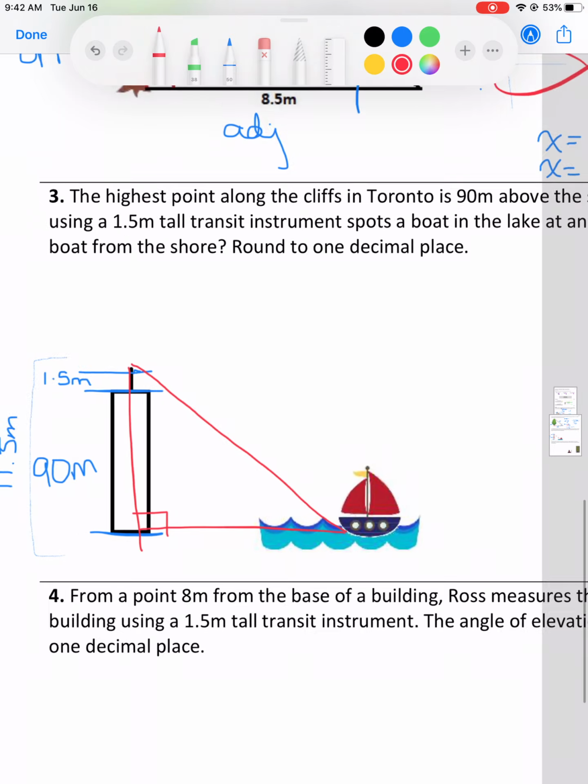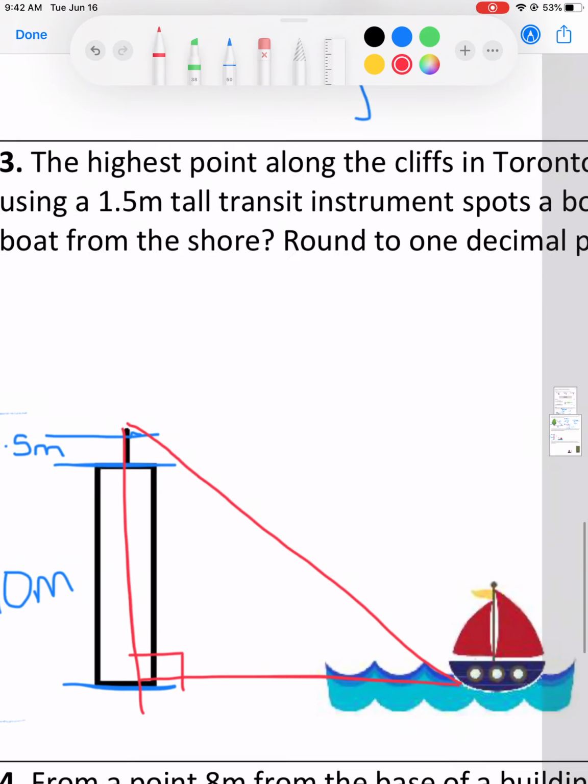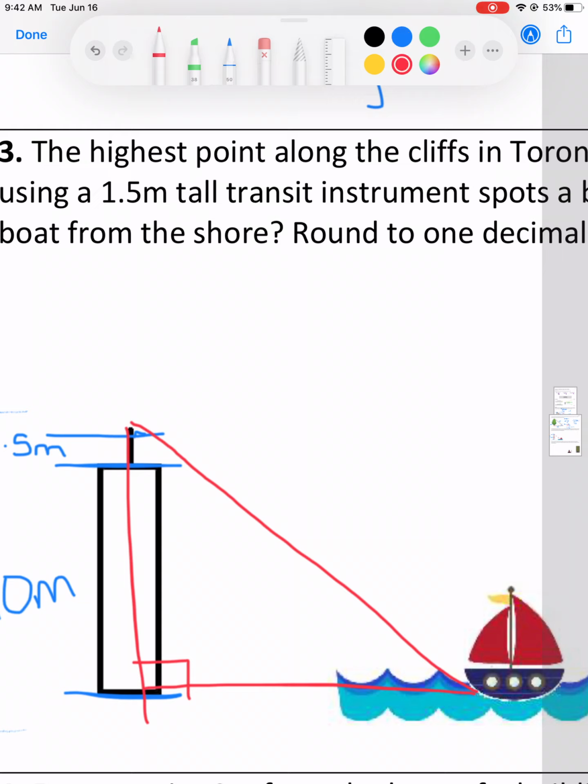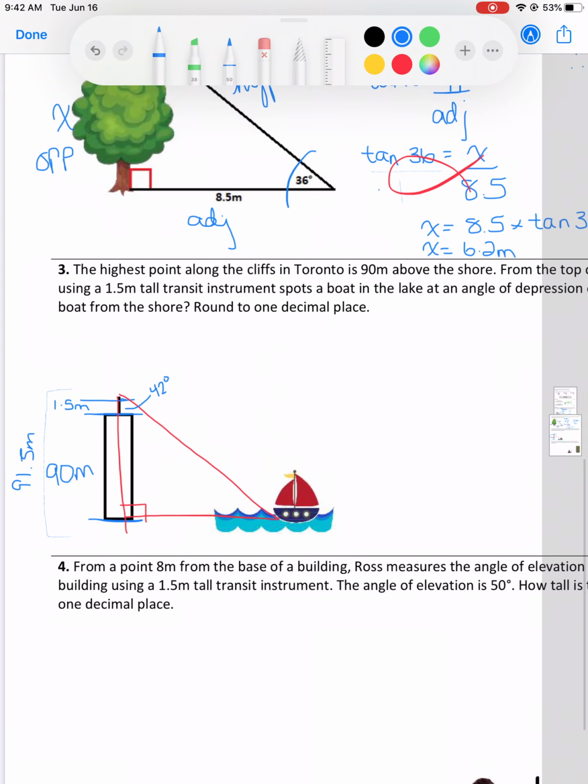So we said that angle is what, 42? Yeah. How far is the boat from the shore? So that's this guy here. Not the distance from the surveyor to the boat, but to the shore.